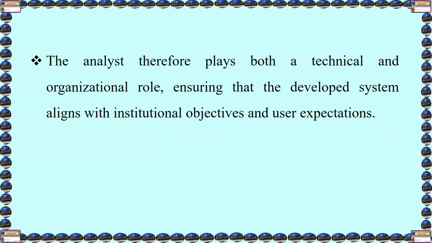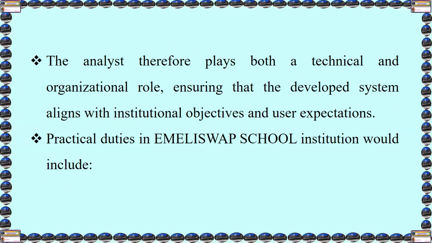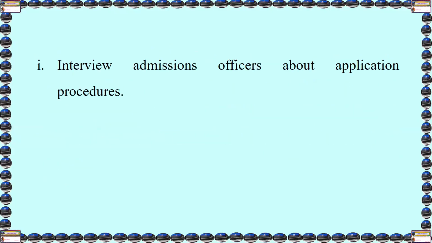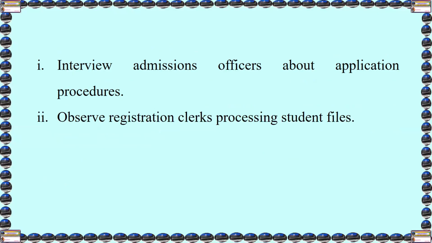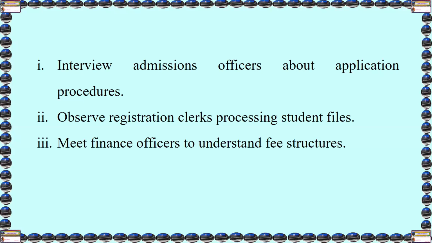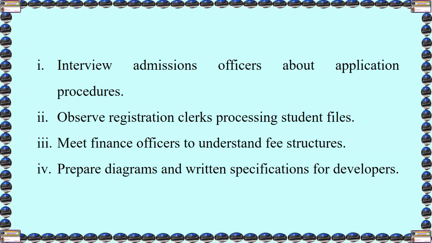The analyst, therefore, plays both a technical and organizational role, ensuring that the developed system aligns with institutional objectives and user expectations. Practical duties in EMELISWAP school, for example, would include interviewing admissions officers about application procedures so that he or she understands them, observing registration clerks while processing student files, meeting finance officers to understand the fee structures, preparing diagrams and written specifications for developers, amongst others.